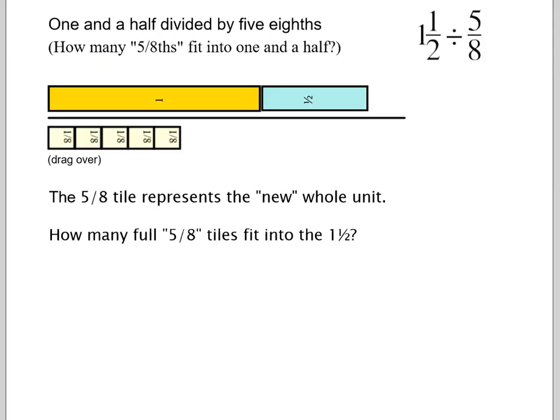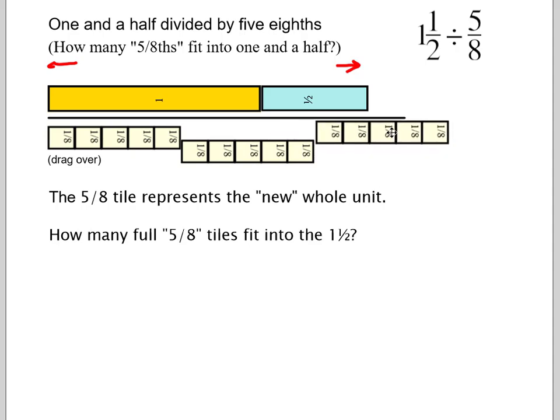1.5 divided by 5/8. So this is asking how many 5/8 fit into 1.5. So I have my 1.5 along the top here. We can definitely see that one block of 5/8 fits for sure. If I drag a second block over, let's see where we are. Okay, so 2 blocks of 5/8 for sure fit inside this.